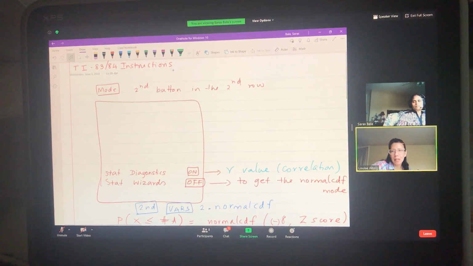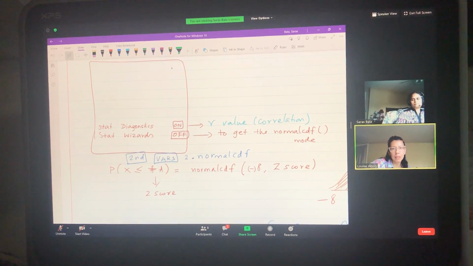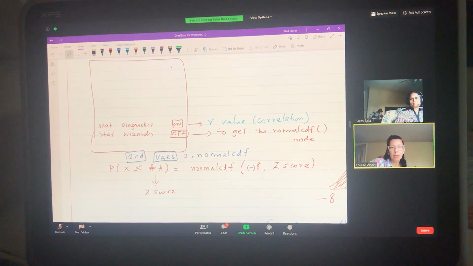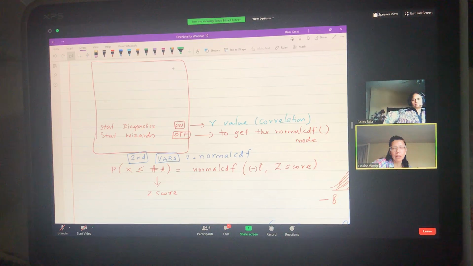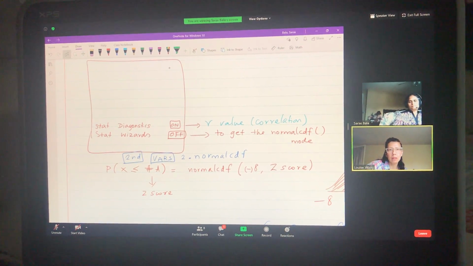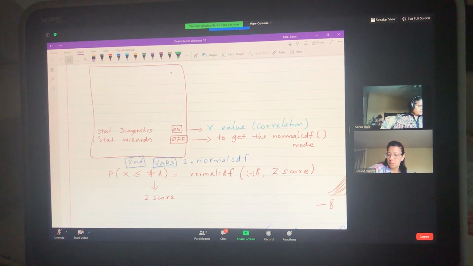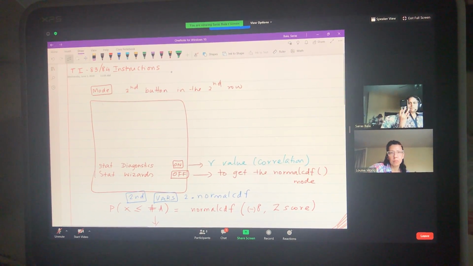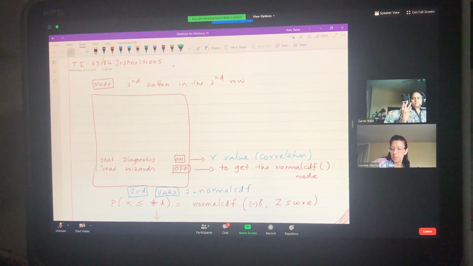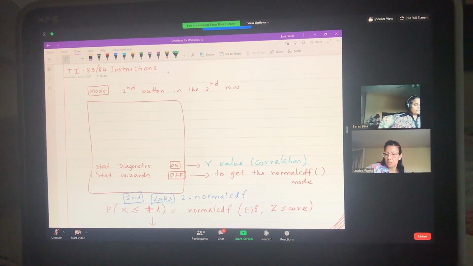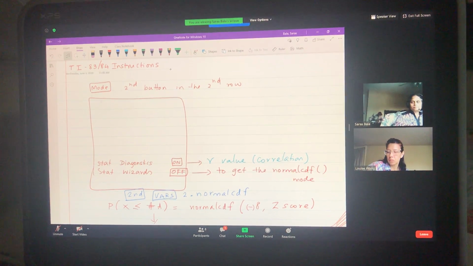Yeah, I have the same calculator as you. I have the 84 plus CE. I did that pretty early on, so I don't know if you had a chance to do that. And you said to go mode? Yeah, the mode is the second row, second button. Okay, second row, mode.